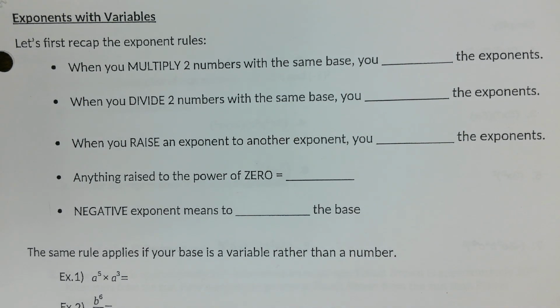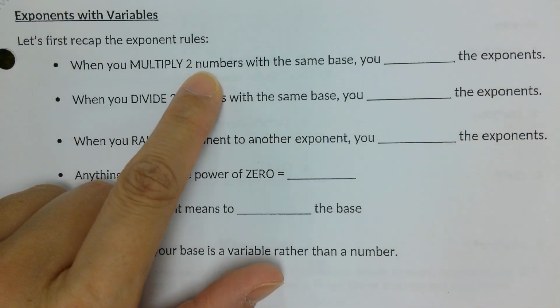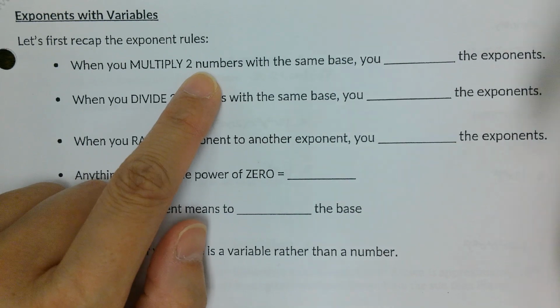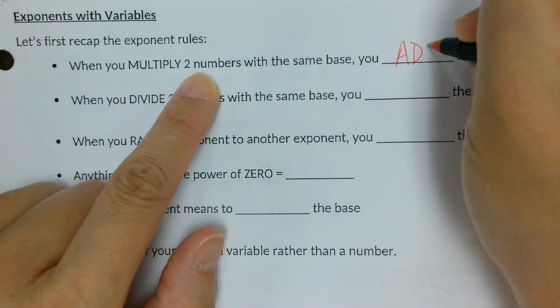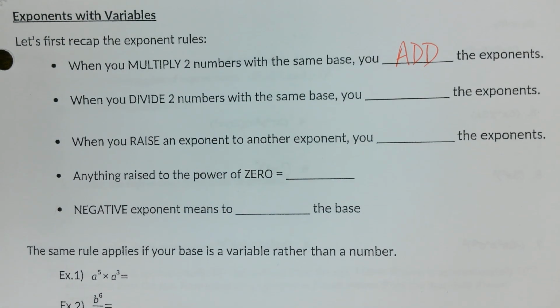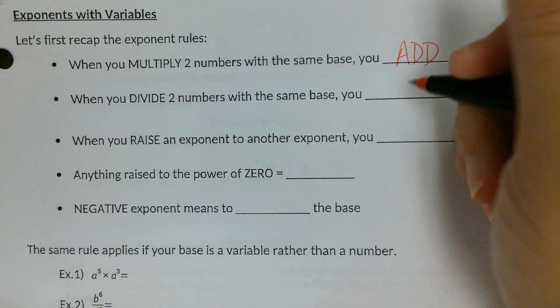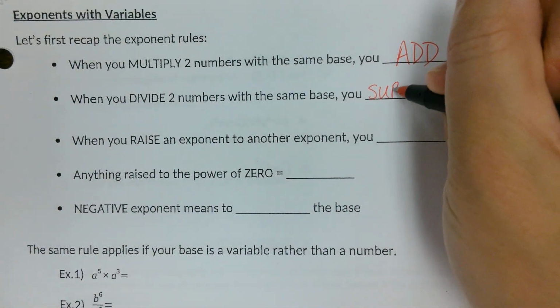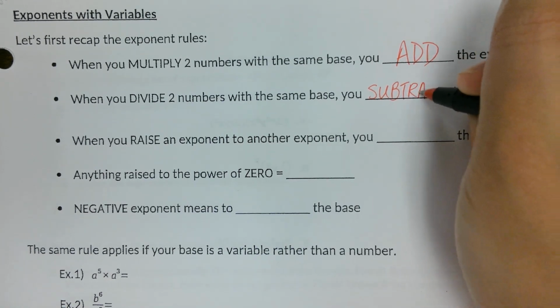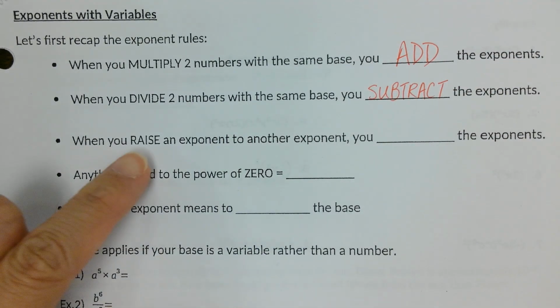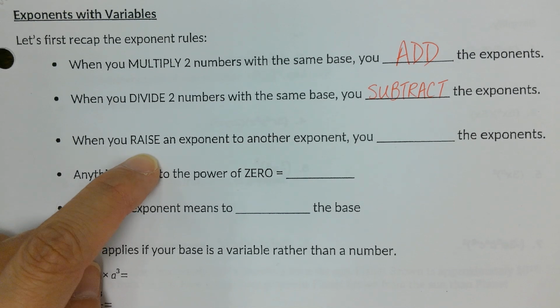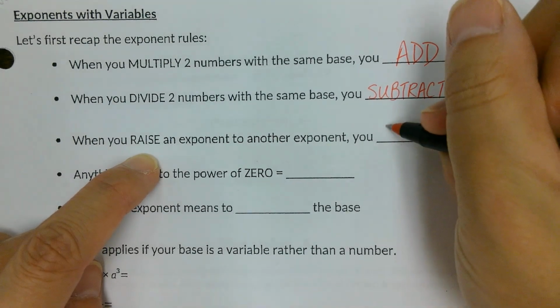So first, let's recap the exponent rules that we've learned so far. When we multiply two numbers with the same base, what do you do to those exponents? Add them. Good. Okay. When we divide two numbers with the same base, we subtract the exponents. When we raise an exponent to another exponent, we multiply.